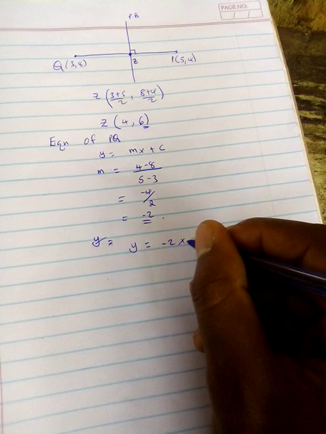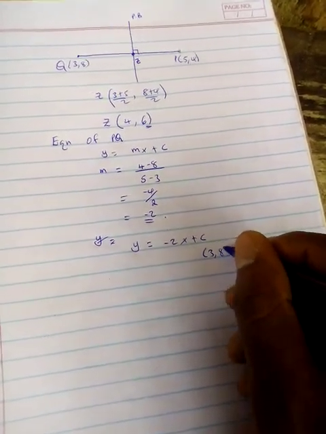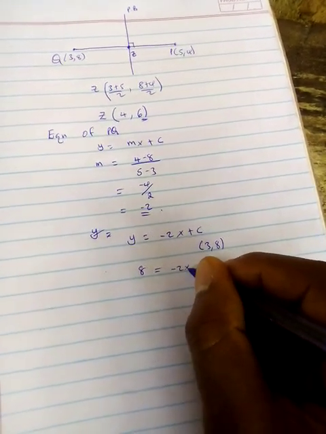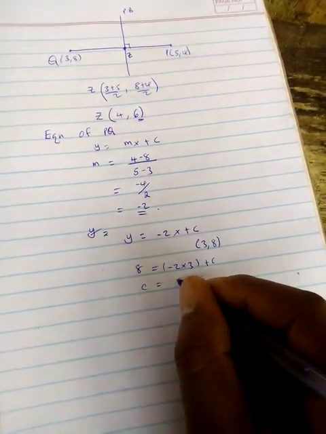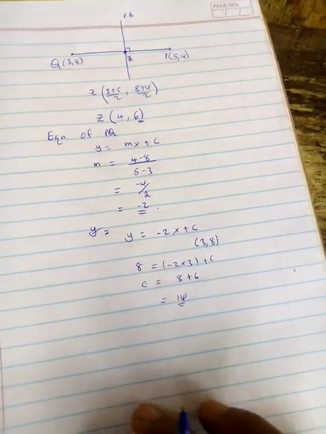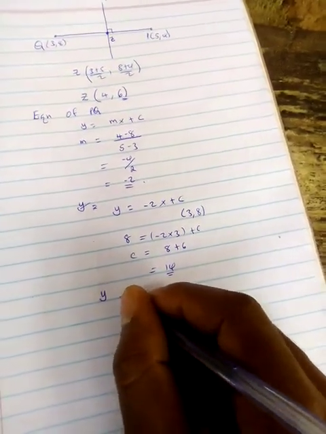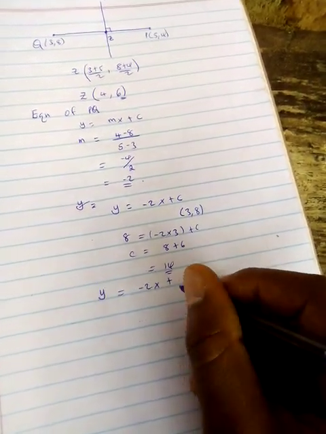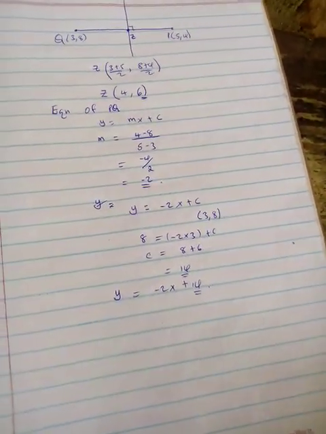So my y will equal -2x plus c. Using any coordinate, could be (3, 8), my y is 8, my x is 3, so this is -2 times 3 plus c, such that my c is going to be 8 plus 6, which goes to 14, meaning their equation is y equals -2x plus 14, just for beautifying the mathematics.